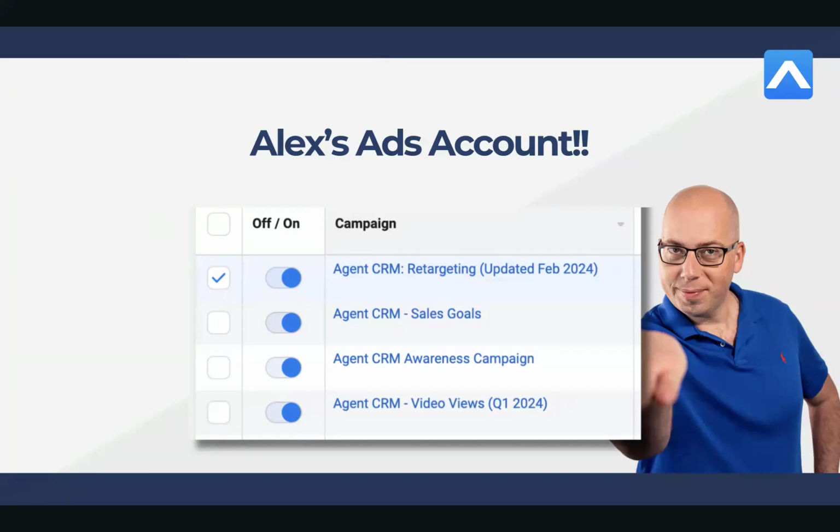The way that Facebook can show me how far my money's going is it'll show me how much I'm paying per video view. I set the daily budget. So for round numbers, let's say I spend $100 on video views, $300 on the awareness, about $200 on the sales goals and another $100 on retargeting.